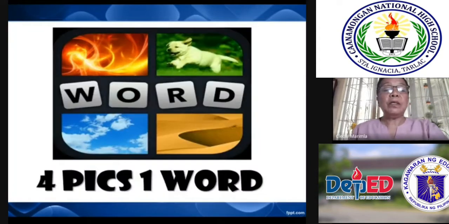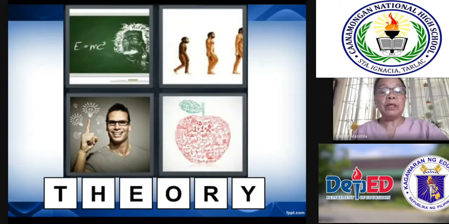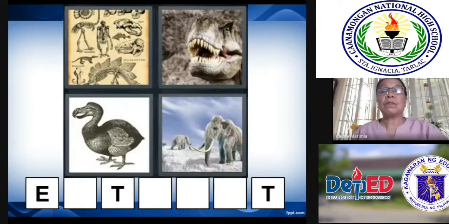To project your insights about the lesson, here is a game for you. Whoever is the first to give the correct word will be given points. 4 pics, 1 word. Time starts now. Number 1. Fury. Good. Number 2. Extinct.